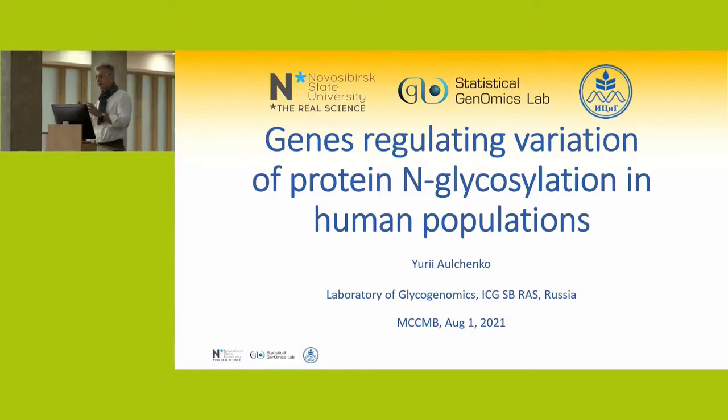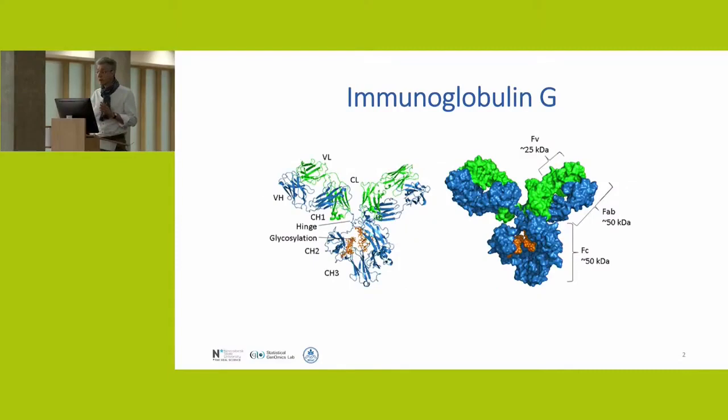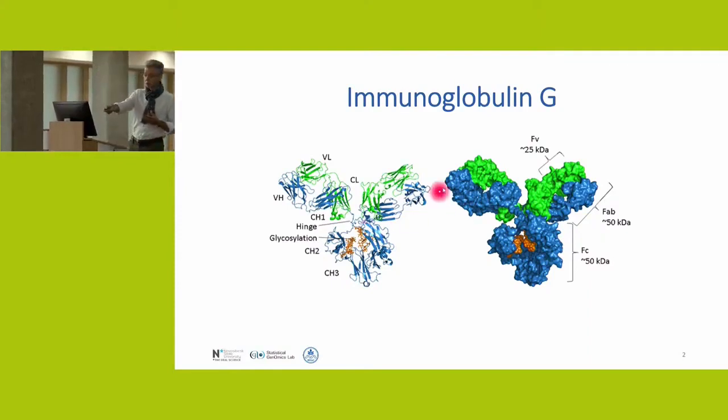But most of the time, I'm not going to speak about protein glycosylation in general. I'm going to speak about glycosylation of a very specific but very important protein, immunoglobulin G. All of you know that this is a central molecule in adaptive immunity, and it consists of two domains.